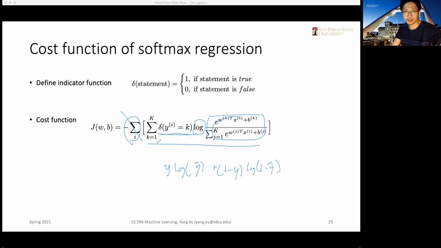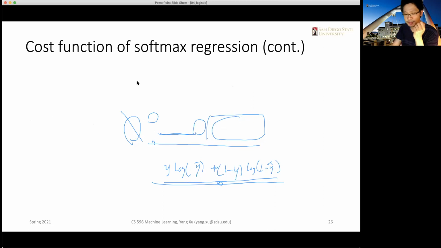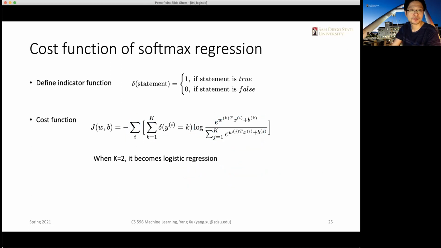And inside, it's just the summation over 1 to k outputs. A special case is k equals 2, when it becomes logistic regression. So it's actually the same format as logistic regression.